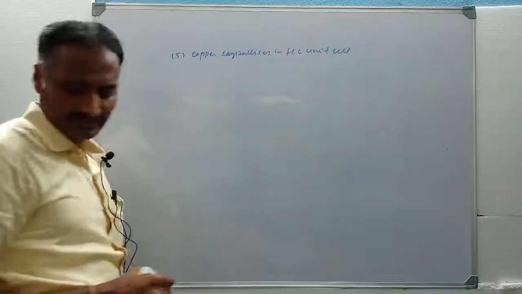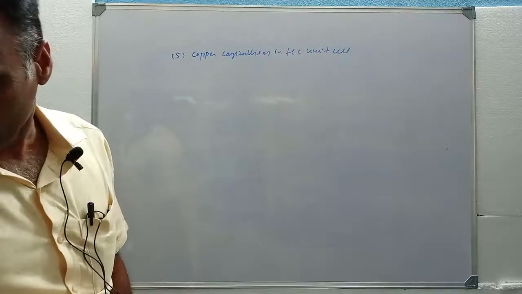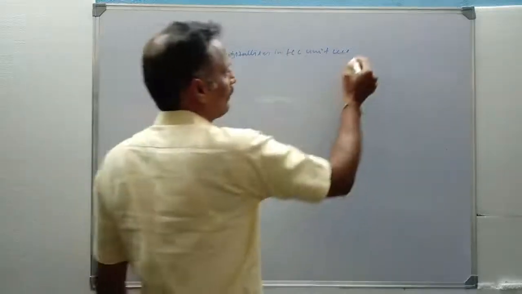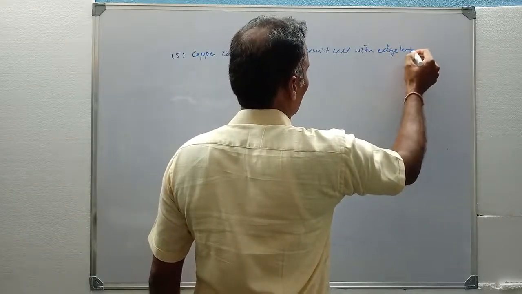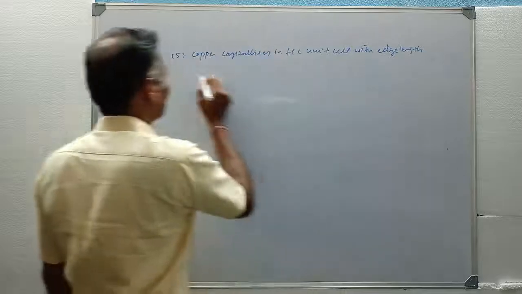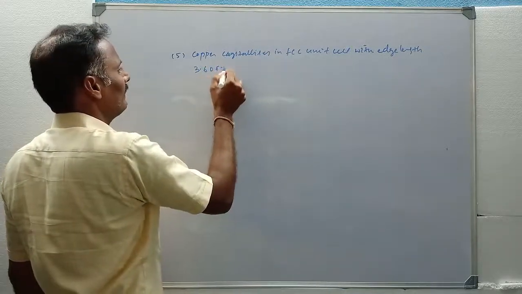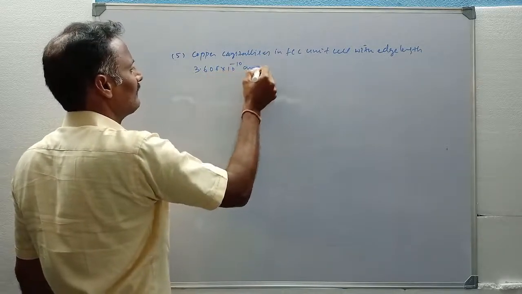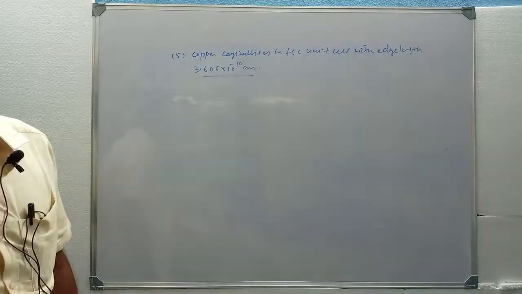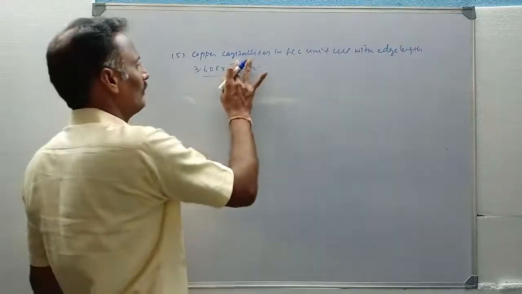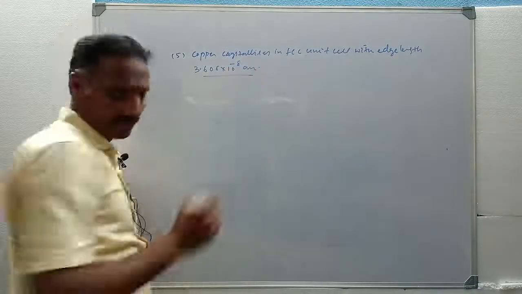Copper crystallizes in FCC unit cell with edge length 3.608 into 10 to the power of minus 8 centimeters. This is the edge length of the unit cell, minus 8 centimeter.